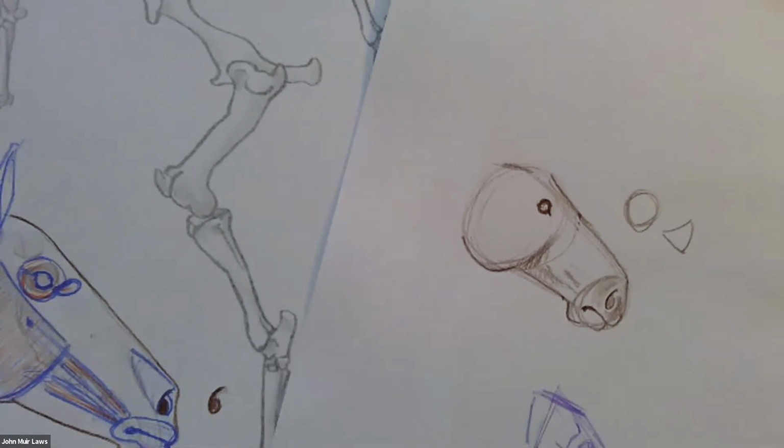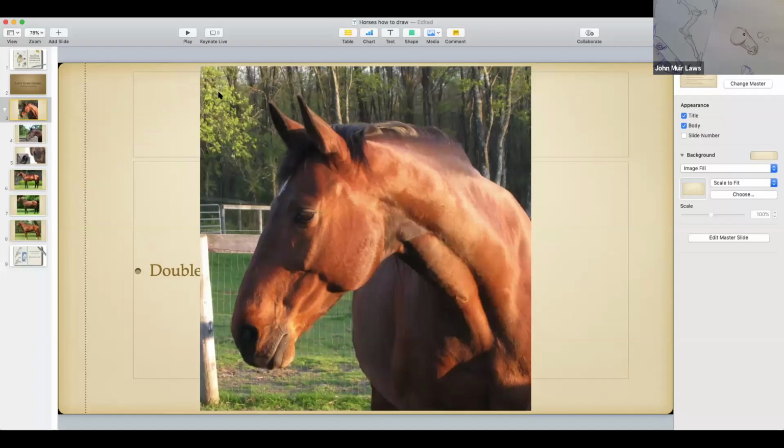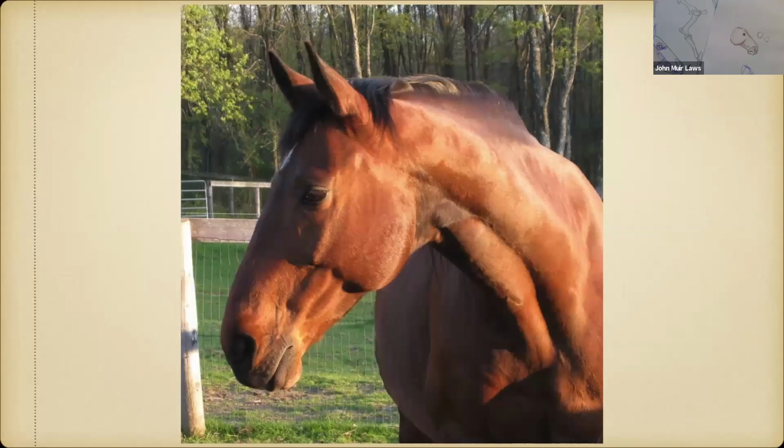Let's just go back to a real horse head, and with this sort of structure in mind, we are going to take a look at Horsey Head, right? So now, just look at this. There's that eye. Take a look at the bump of skin around the eye.